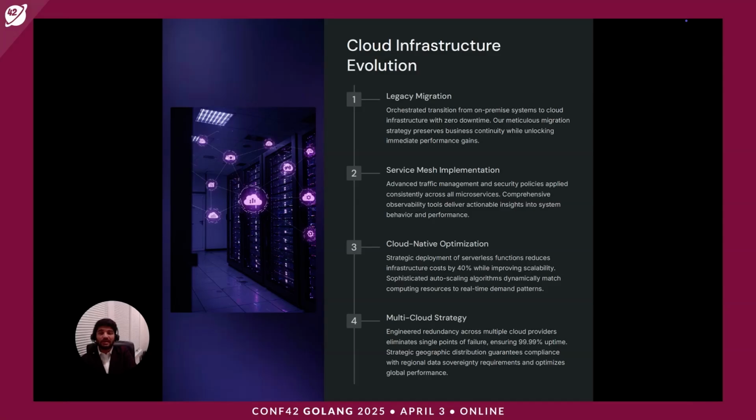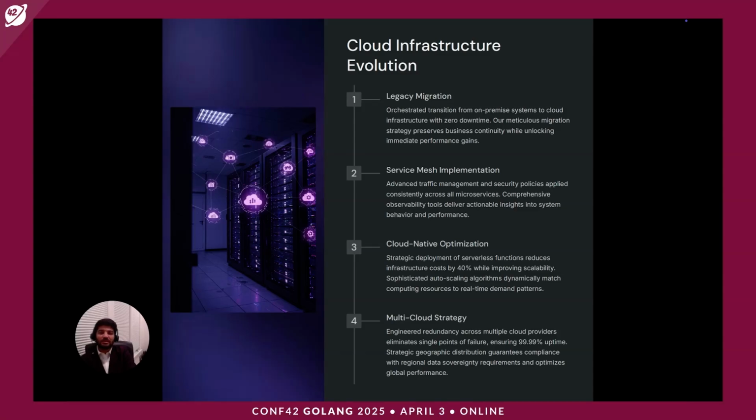And also a multi-cloud strategy, utilizing multiple cloud providers, ensuring redundancy, preventing outages and helping companies comply with regional data regulations. For example, a traditional bank that used to take day-to-day settlement payments can now process them in real time thanks to our cloud infrastructure.